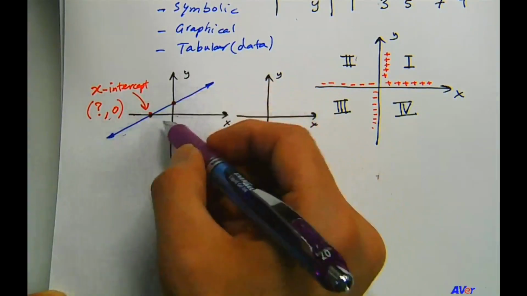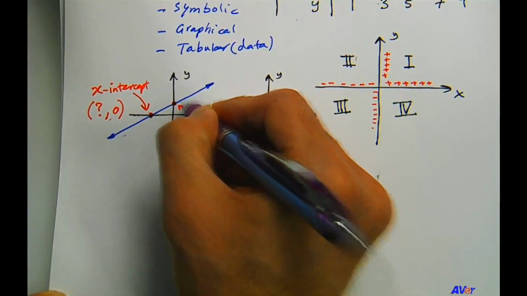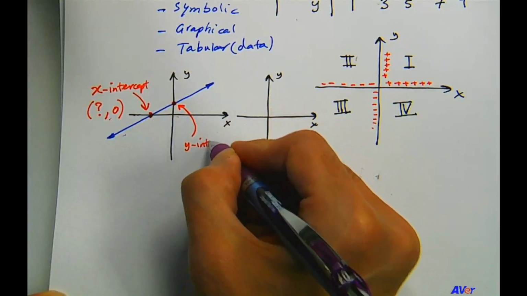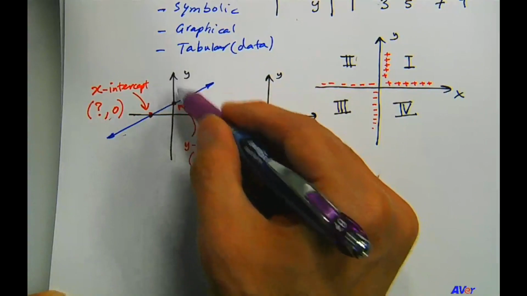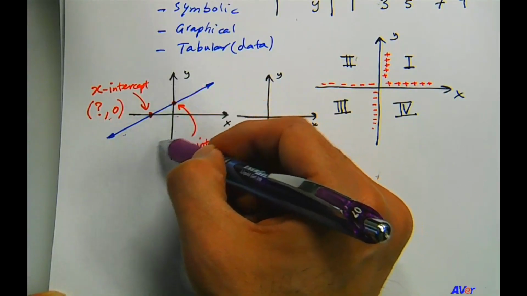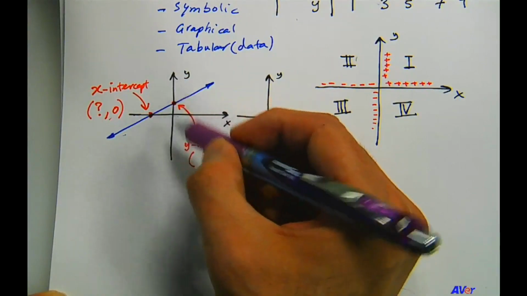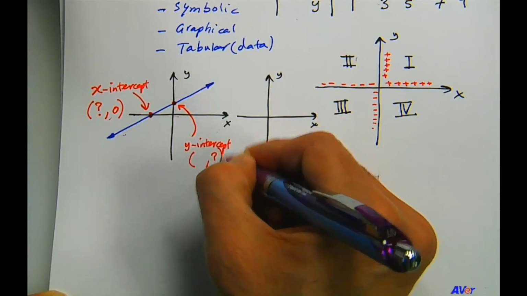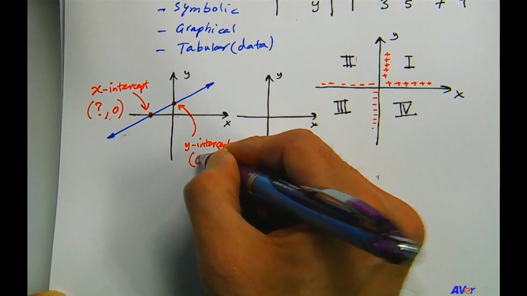And by the same token, this would be the y-intercept, for which, if this line was a little bit higher or lower and intersected the y-axis at a point, the y component could be determined, but the x coordinate would always be 0.